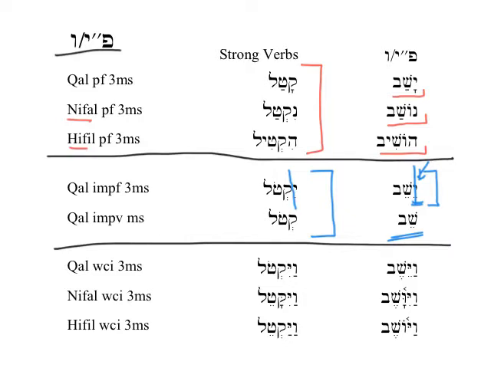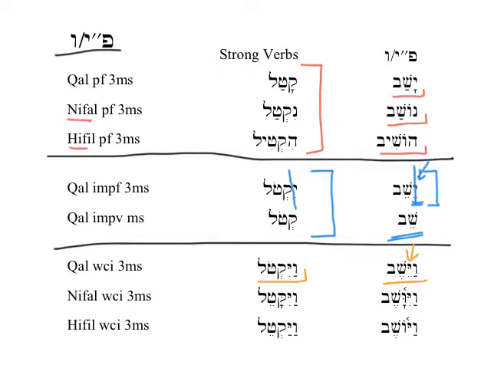And we'll need to look at the vav consecutive imperfects compared to our paradigm word, vayiktol. Vayeshev, we can see the tsere under the prefix pronoun, which shows us this is not shuv, to turn or return, but this is from yeshav.